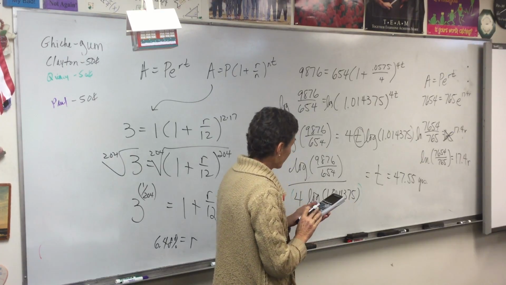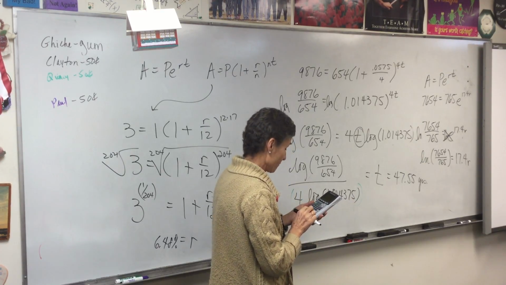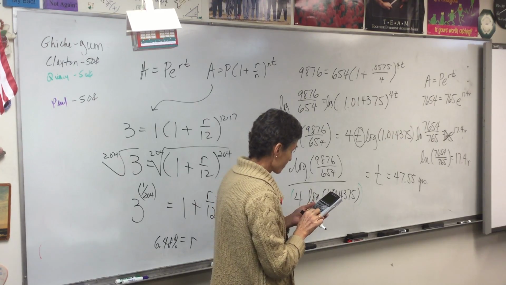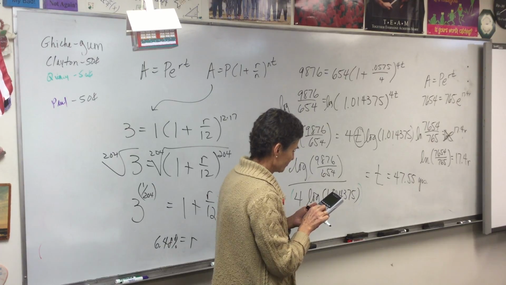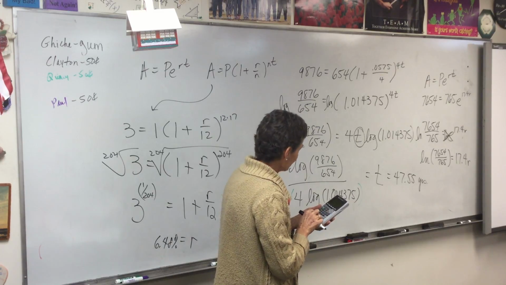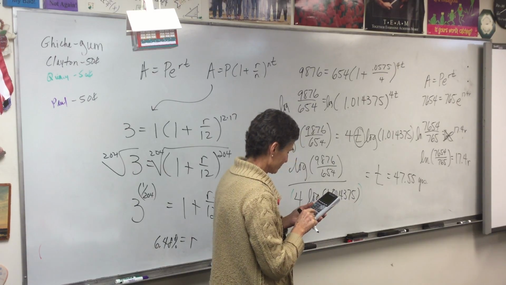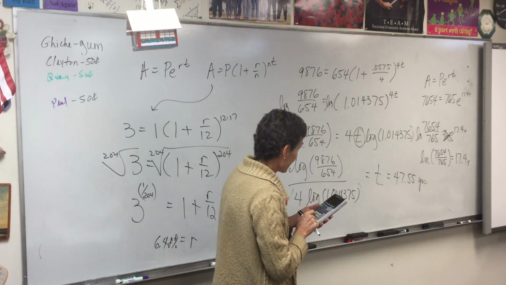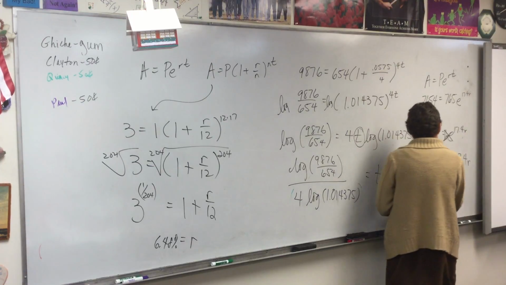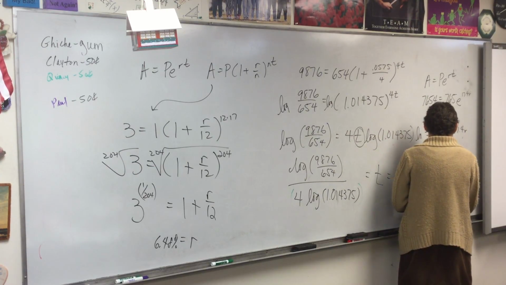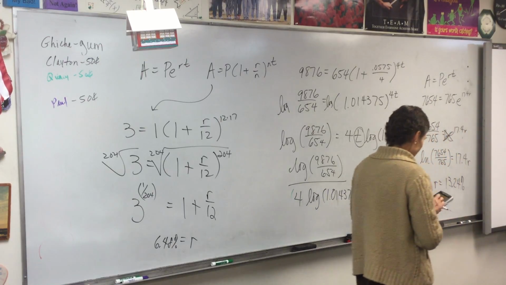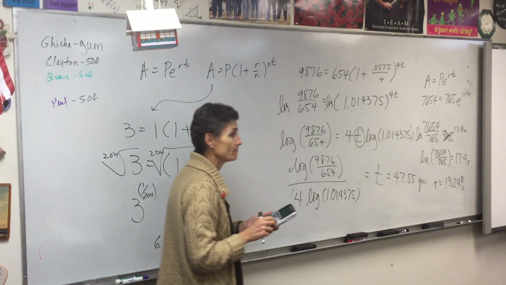So my answer is going to be ln of that fraction divided by 17.4. So I got about 13.24% growth rate. It says, what's the growth rate? 0.1324.